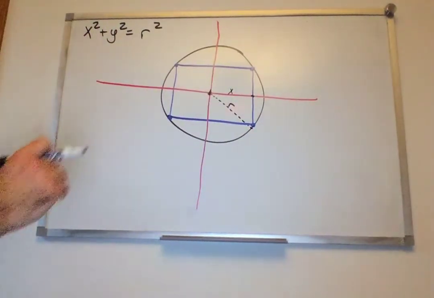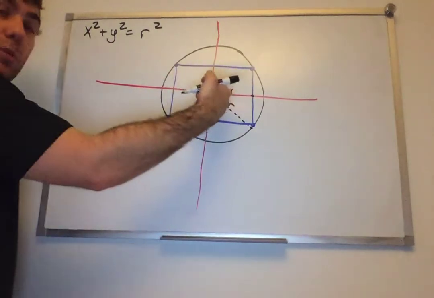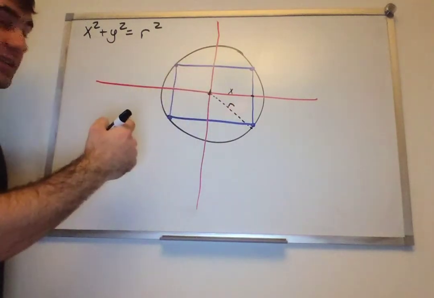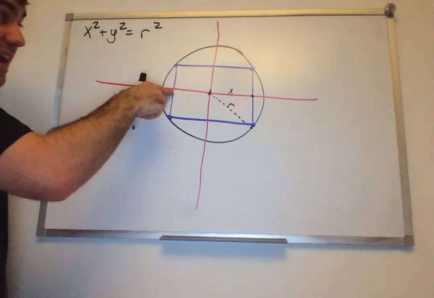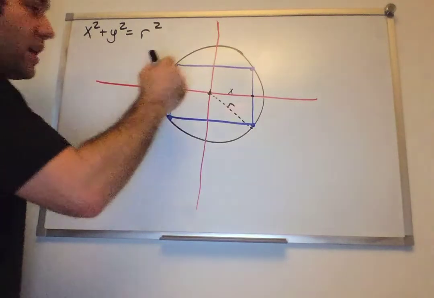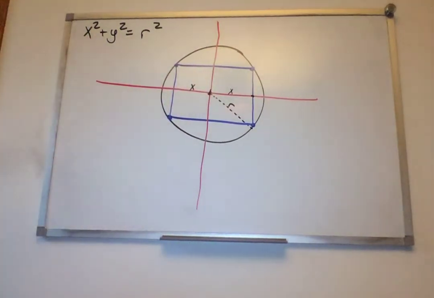Now, since this is a rectangle, this distance in the negative direction would be negative x if I was talking about the point negative x comma 0, but this would also be a distance of x. Remember, distances are positive.